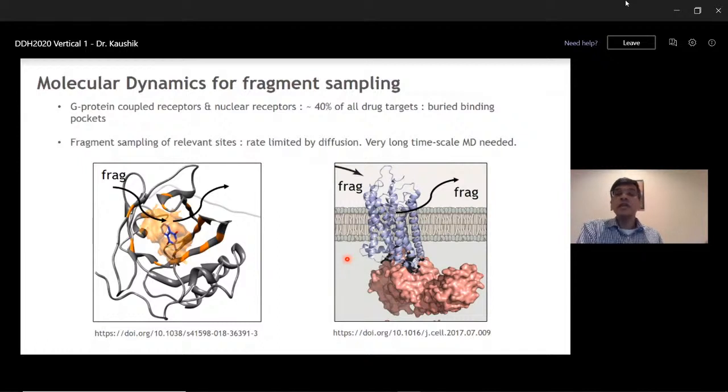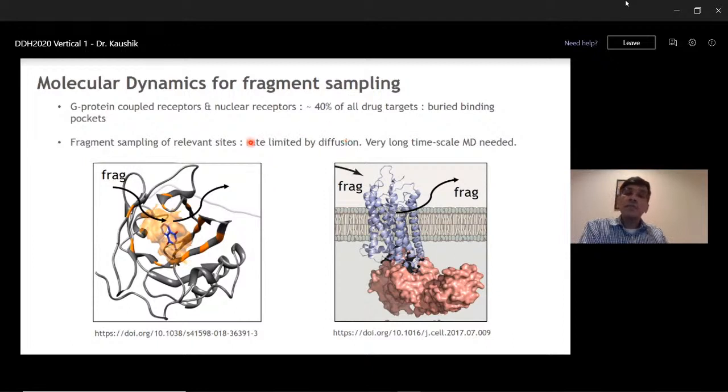In the context of evaluating these affinity patterns of the fragments, here's the challenge. The more buried the binding site is, the longer it takes for a fragment or a probe molecule to travel from the bulk phase of the simulation into the binding site of interest and back.